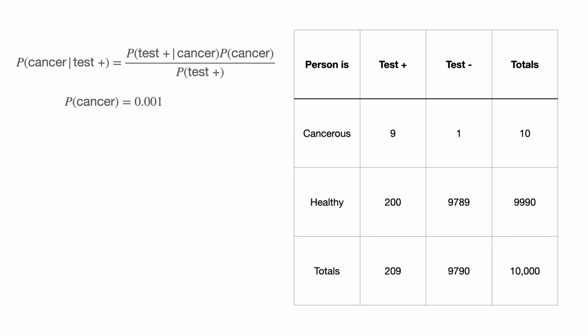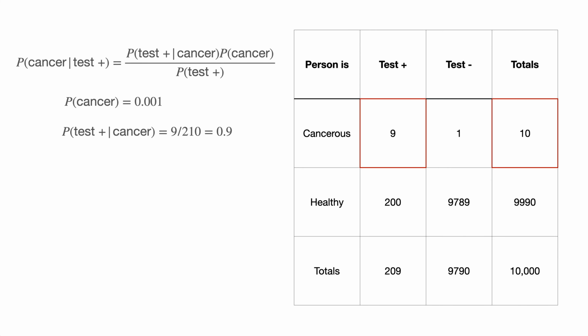So we know from our earlier definition that the probability of cancer, which occurs right here in Bayes' rule, is pretty low. It's 0.1%. Now let's ask ourselves about the probability of a test being positive given that we are cancerous. 9 out of the 10 cancerous patients are going to test positive given their cancer.